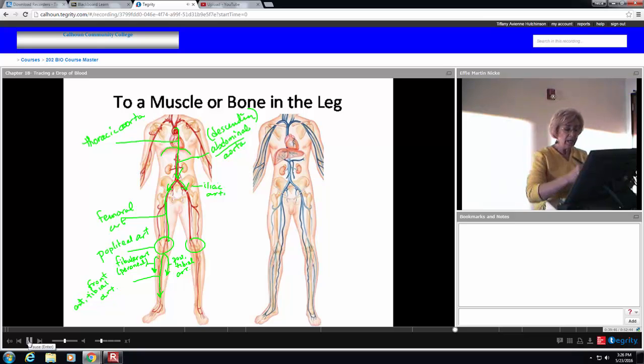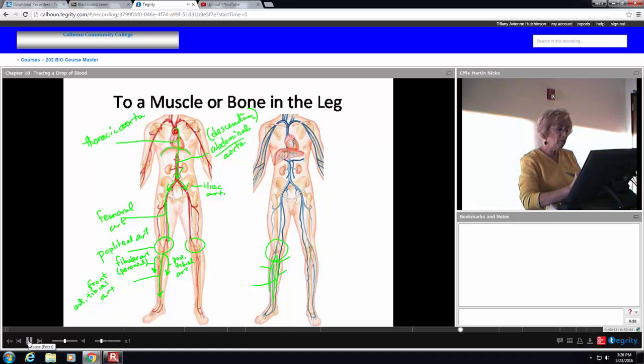And then I want you to remember that what we're doing again is naming just the major routes back. So you're going to have the fibular vein. If you went down that side, you're going to come back up through the fibular vein. If you went down the front of the leg, you're going to be in the anterior tibial vein coming back. If you go down the back of the leg, you're going to come back by way of the posterior tibial.